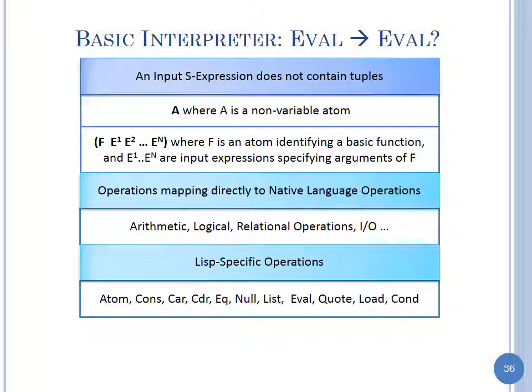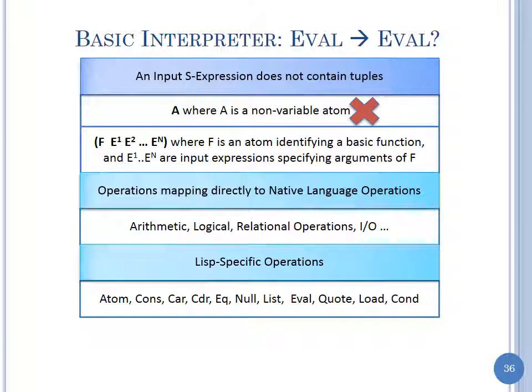So, for all the functions, all arguments are evaluated before the function is called, except for quote. That's the first answer. What's the second answer? All arguments are evaluated. Okay.